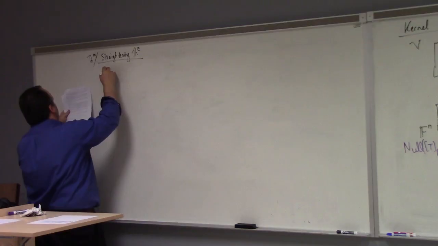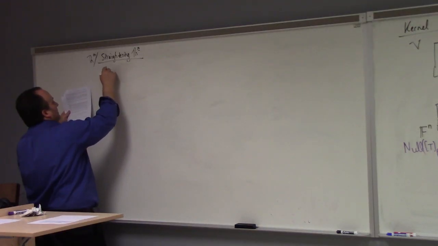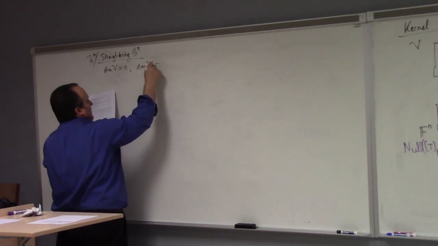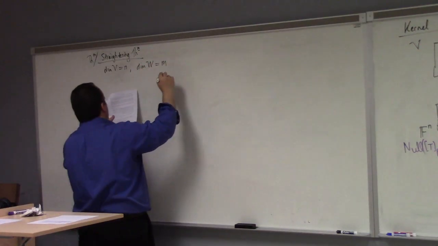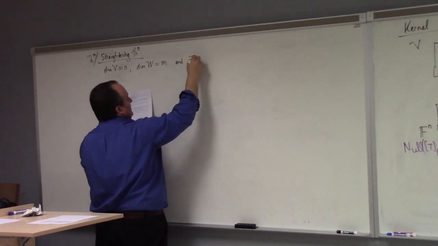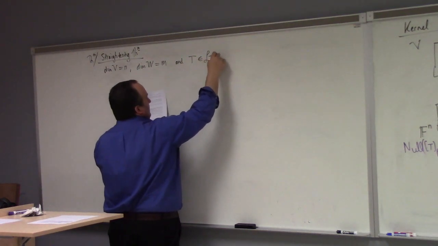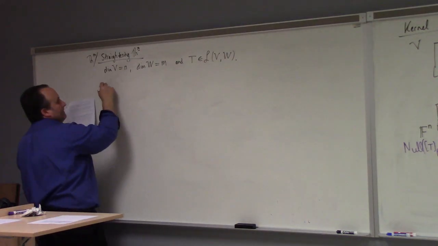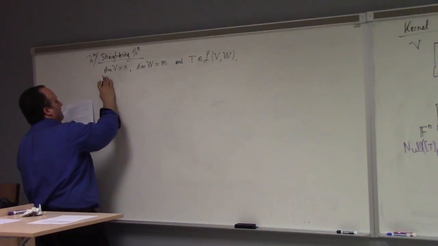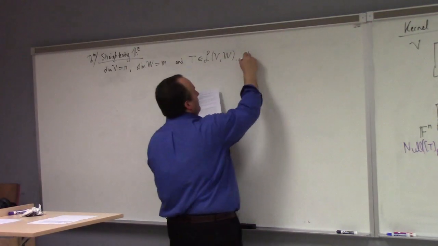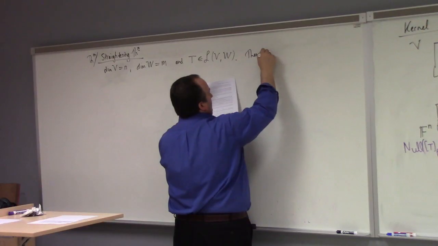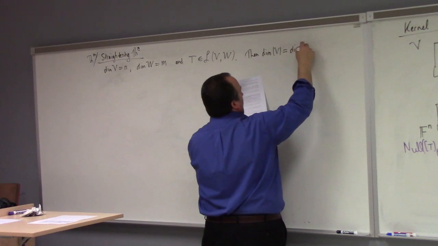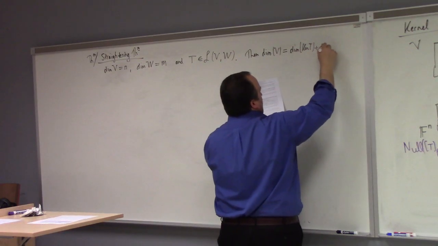All right, so we have dimension V equals n, dimension W equals m, both finite obviously, and T a linear transformation from V to W. Then the dimension of V equals the dimension of the kernel plus the dimension of the range.